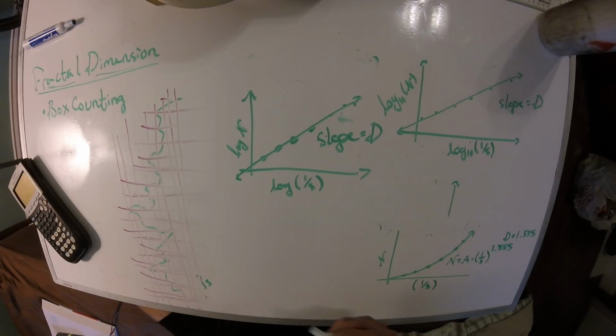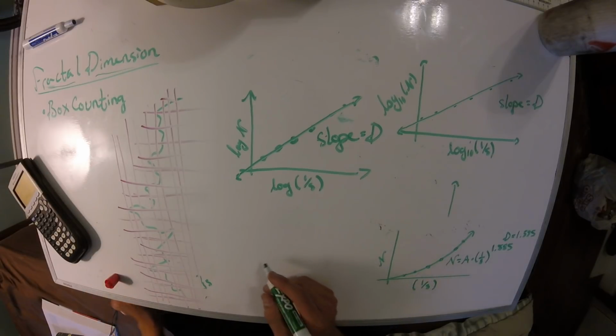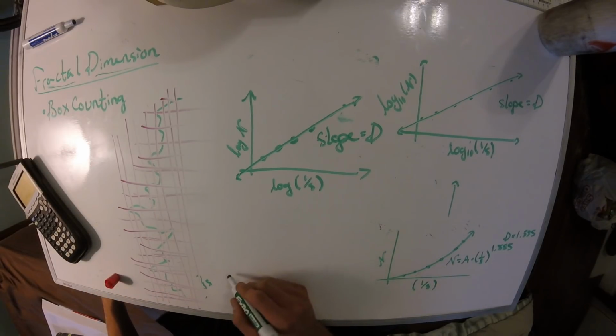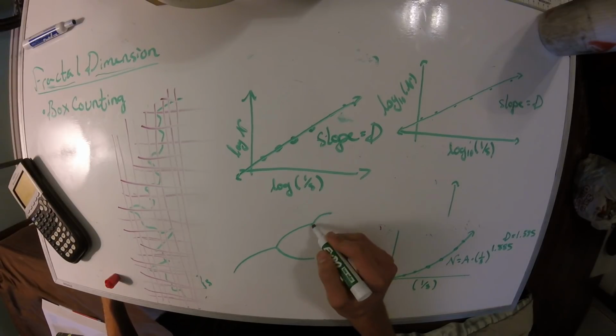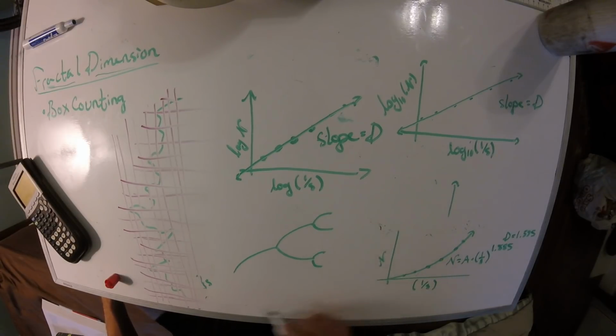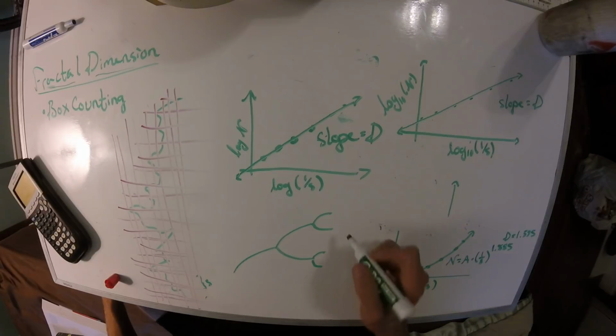This is how the dimension of that bifurcation diagram that we saw earlier would be computed. So when we were doing chaos theory, we had this bifurcation diagram that had these forks in it. You did this in class, just plotting several individual points.